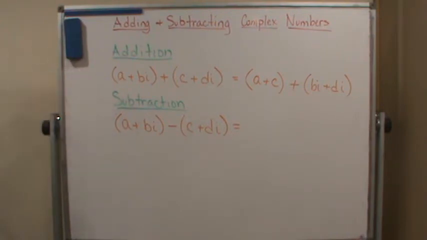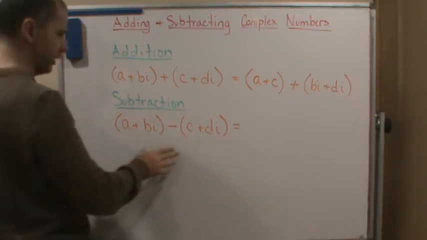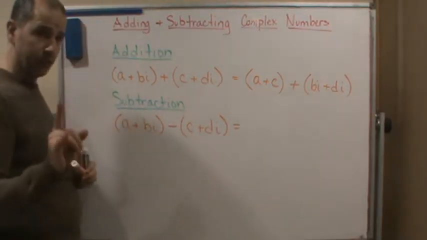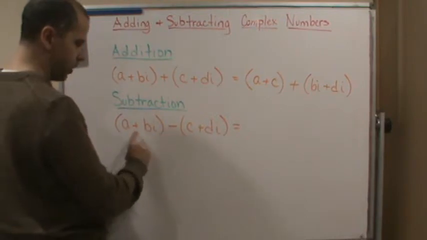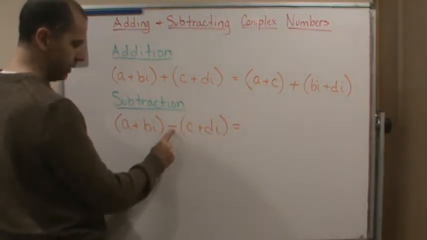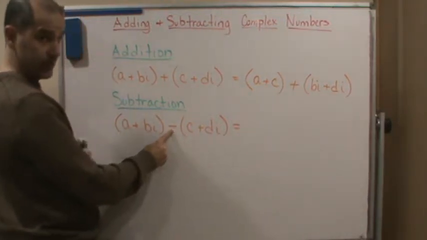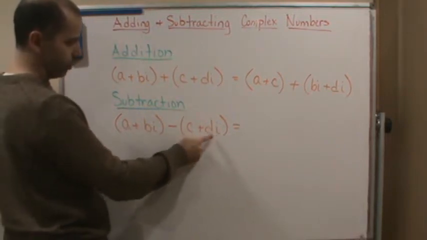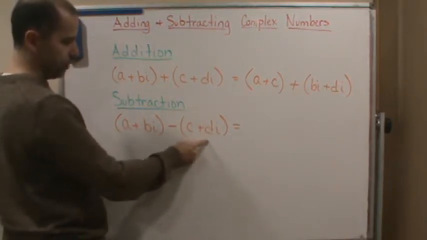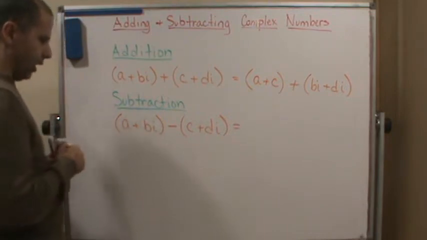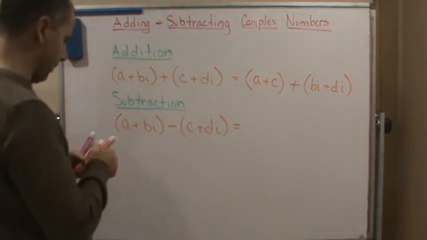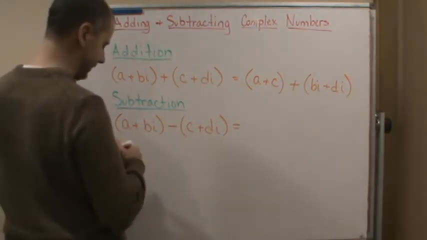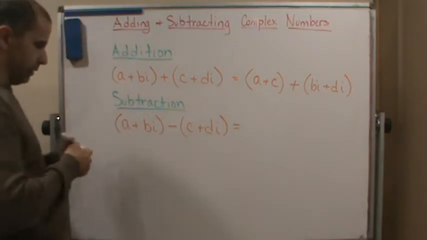We'll do some examples to simplify further using real numbers. Now with subtraction, the only thing you have to remember is to distribute the negative, the subtraction sign, across this. You have to use the distributive property here. So that means there's one more step.